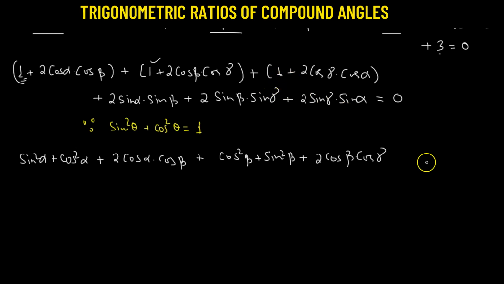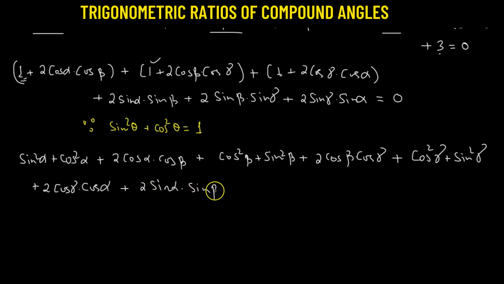And then this particular one will be replaced with cosine squared gamma plus sine squared gamma. We are left with plus 2 times cosine gamma times cosine alpha and the remaining 3 terms, which are 2 times sine alpha times sine beta plus 2 times sine beta times sine gamma plus 2 times sine gamma multiplied by sine alpha. This is equal to 0.